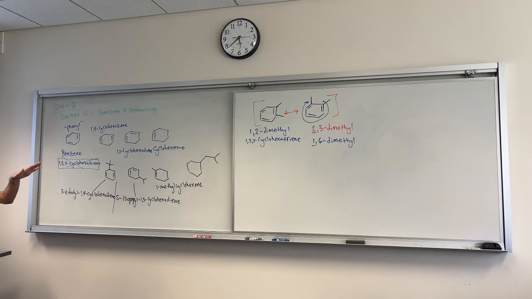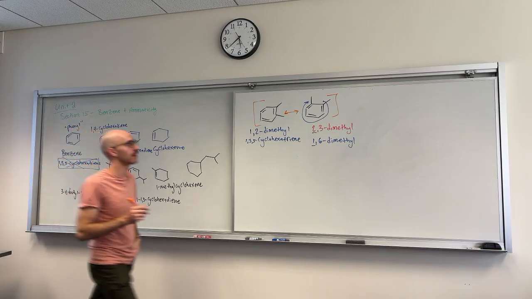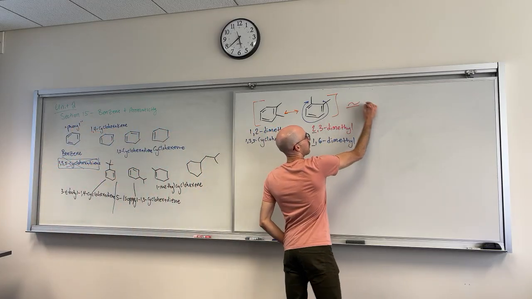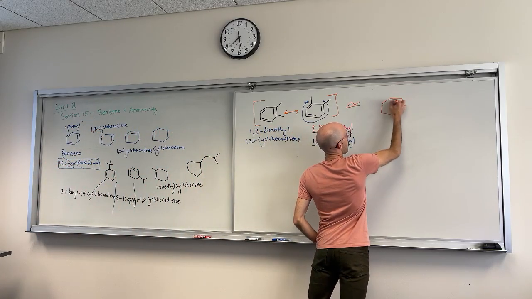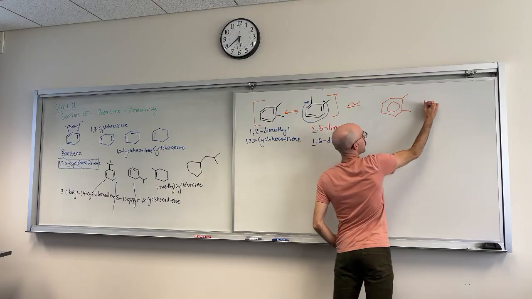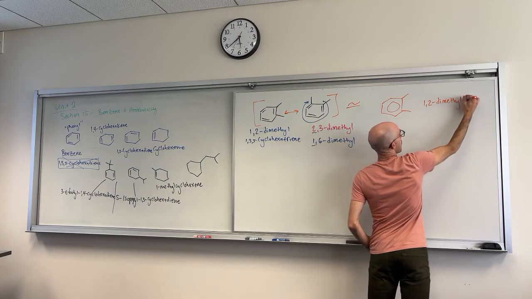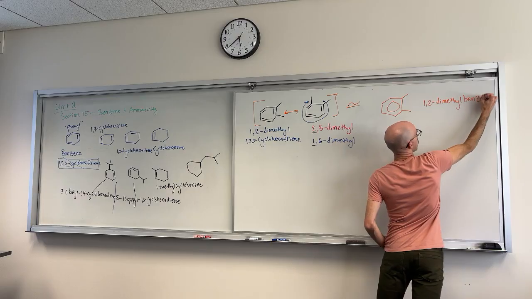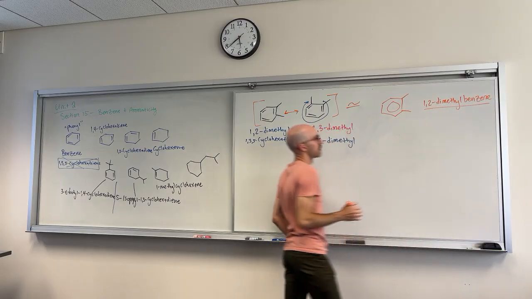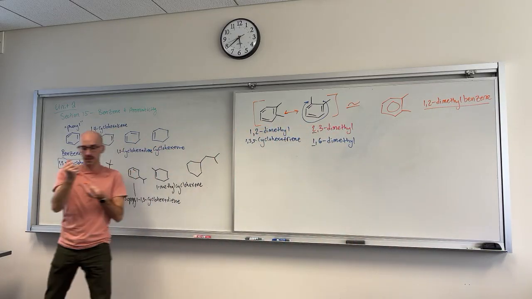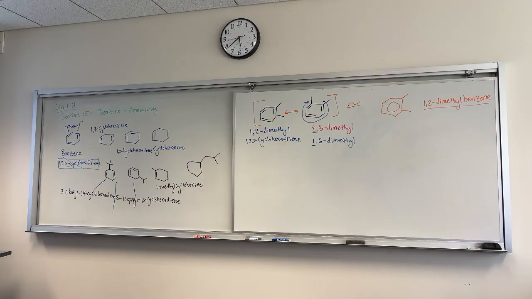There is no 1,2-dimethyl-1,3,5-cyclohexatriene. And there is no 1,6-dimethyl cyclohexatriene. There is only 1,2-dimethyl benzene. And so the advent of this circle came about.